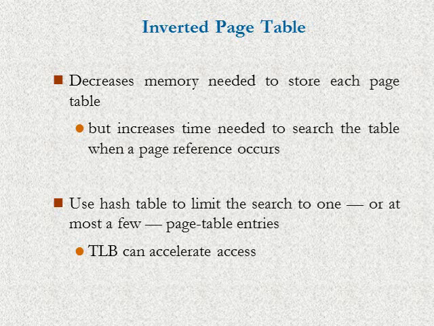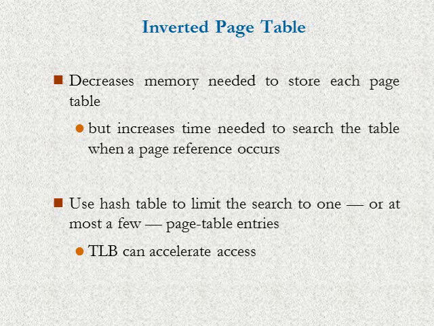However, at the same time, it increases the time required to search the inverted page table, because now along with the page number to frame number translation, we have to find the reference of the particular process as well. However, to limit the number of searches in this inverted page table, we can use hashed page tables to reduce the number of searches.